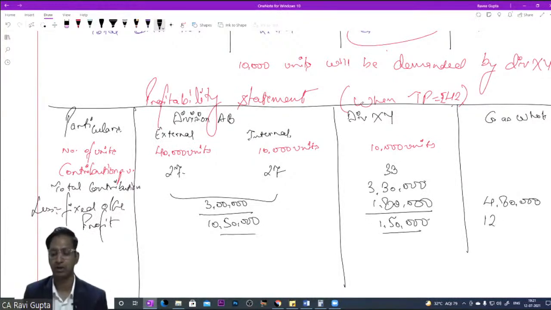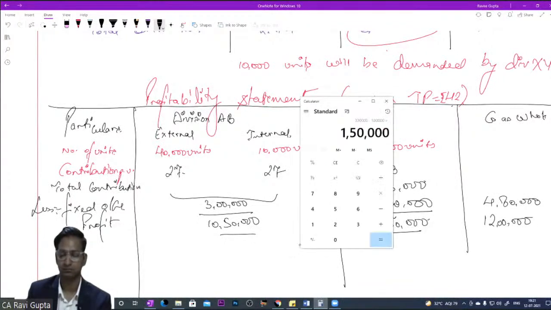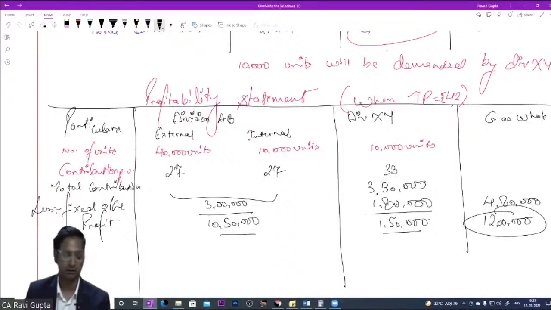So total profit comes to 12 lakh rupees. Right, 27 into 50,000. Yes, this is the correct figure.